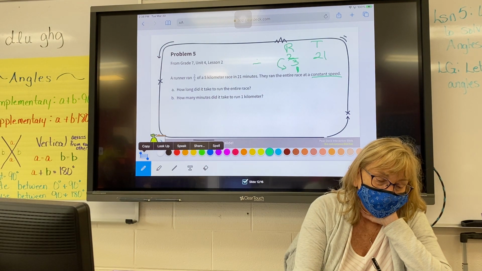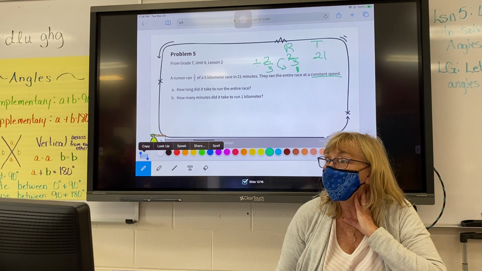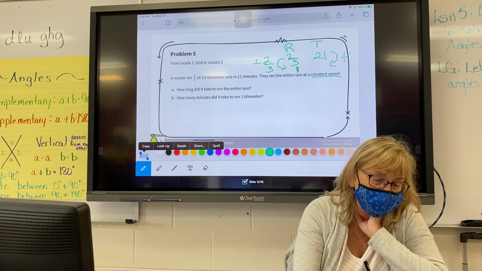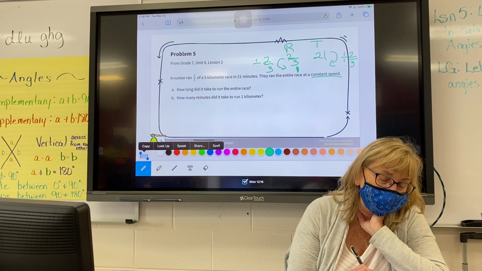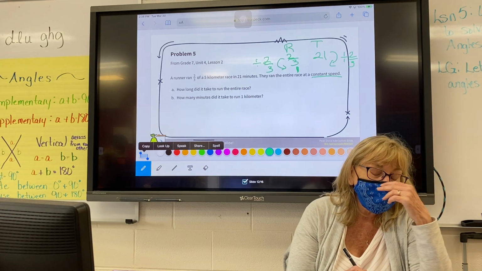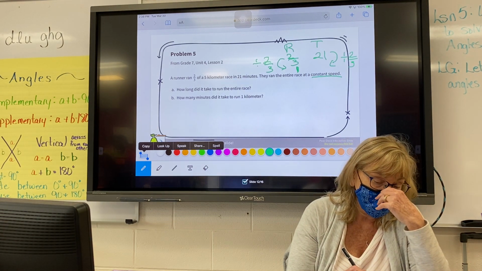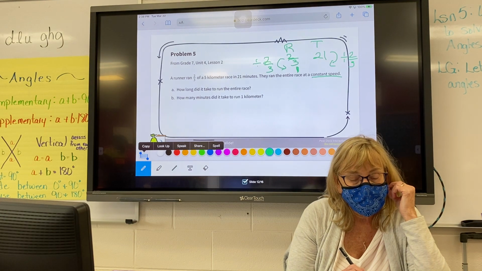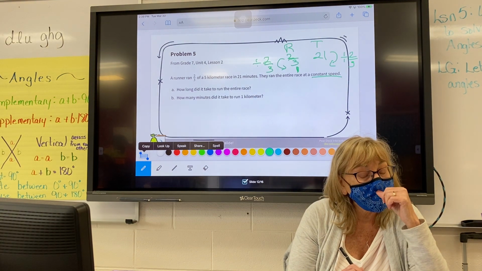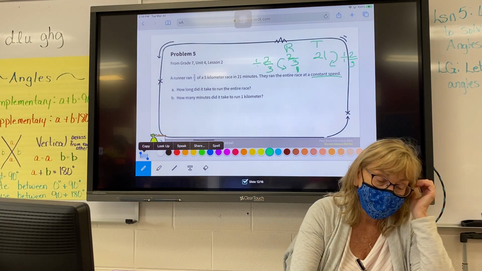So how did I make 2/3 become 1? Divide it by 2/3, right? If I divide that side by 2/3, what do I have to do to the 21? Divide it by 2/3. What do you get when you divide 21 by 2/3? 31.5.